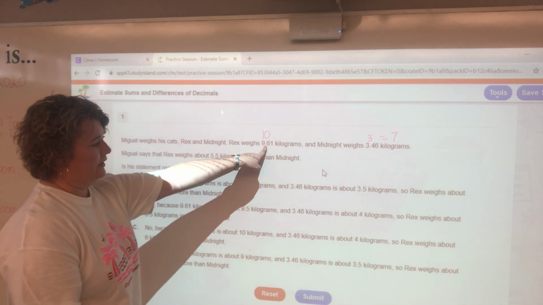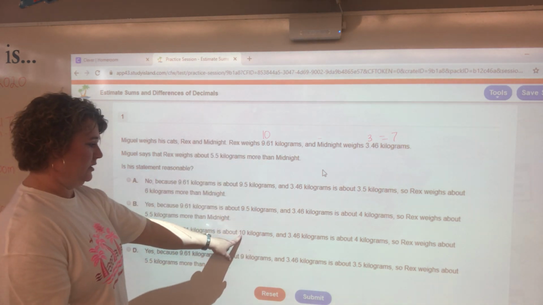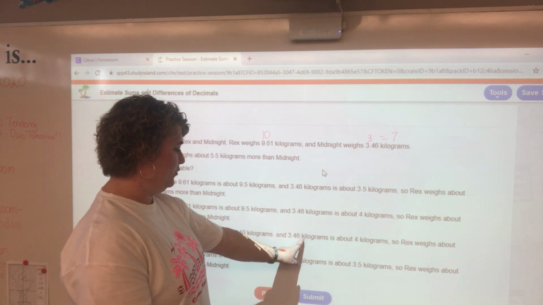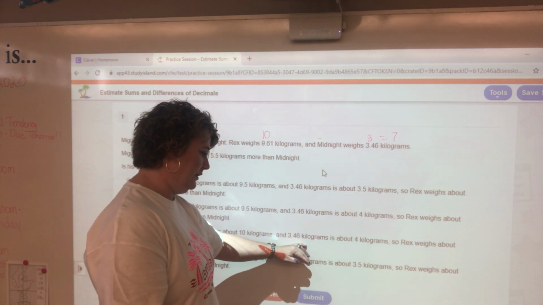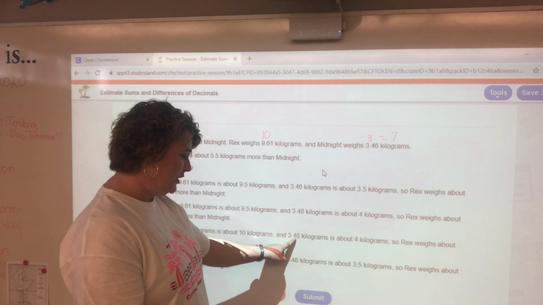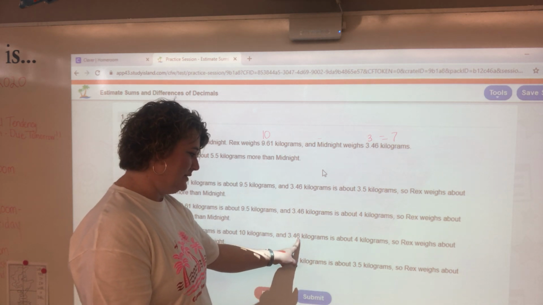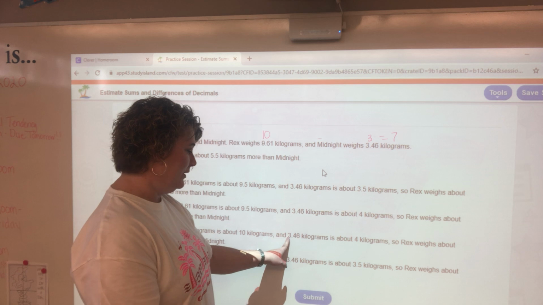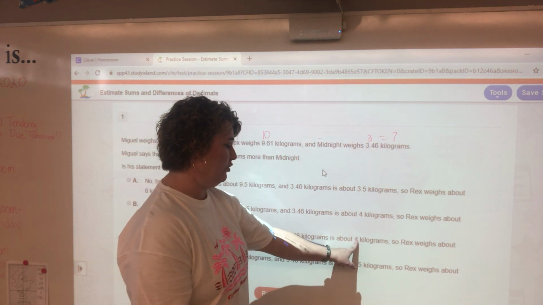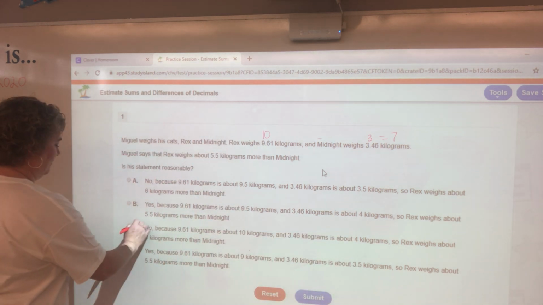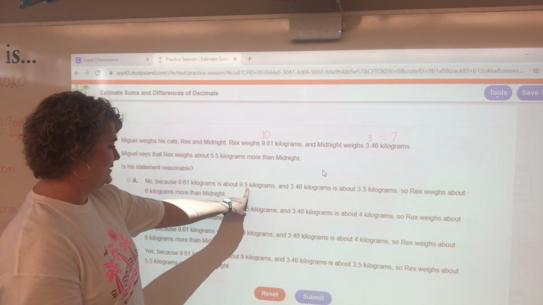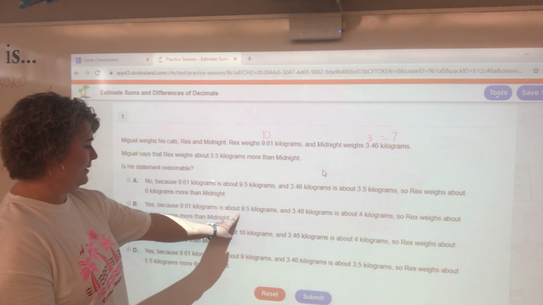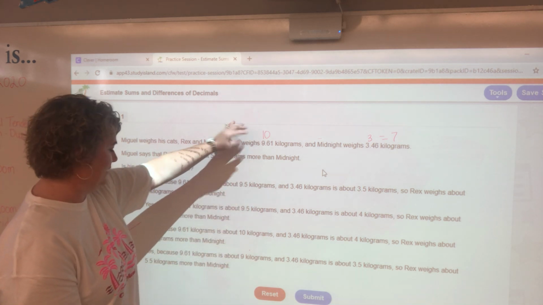I agree with that because it made it over the halfway mark. And 3.46 kilograms is about 4. I don't agree with that because the 46 cents did not make it to the halfway mark. So I would have said 3.46 is 3 kilograms. So that cannot be right. And this doesn't say 9.61 is 10, even though I think it is.